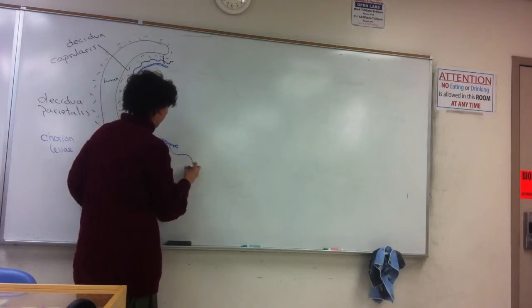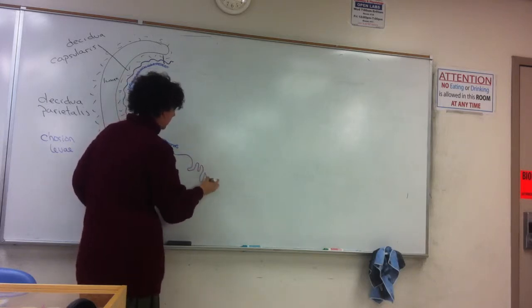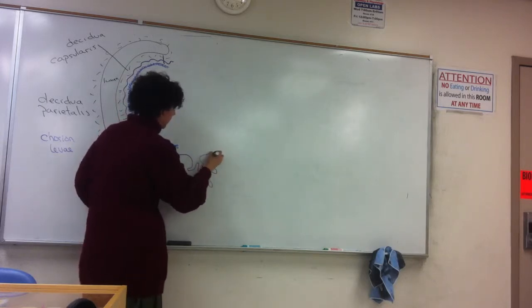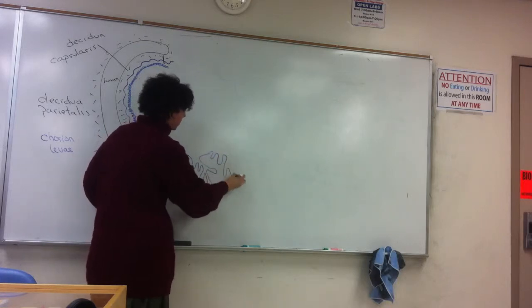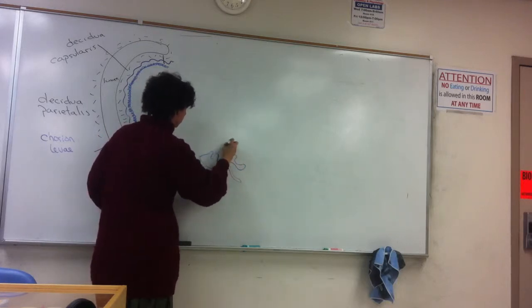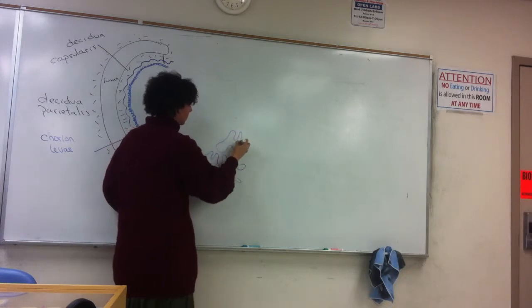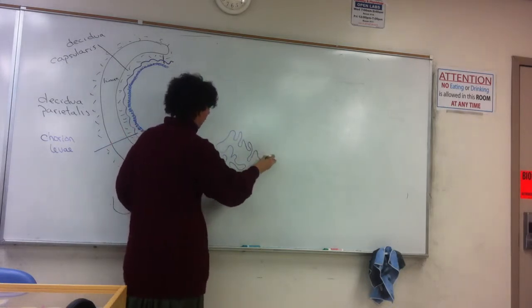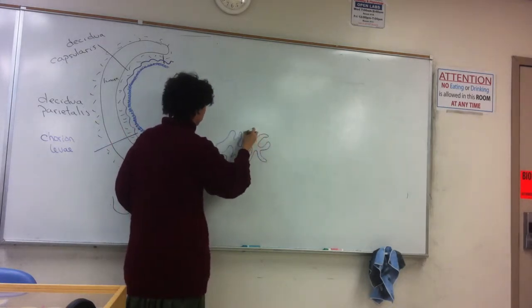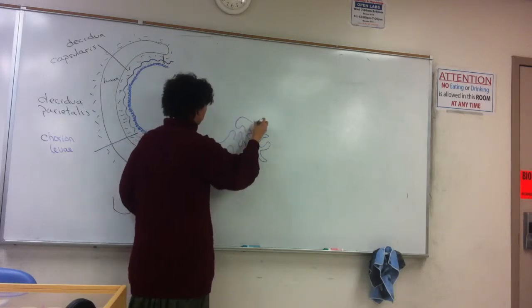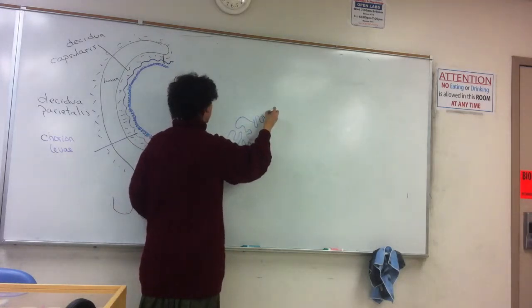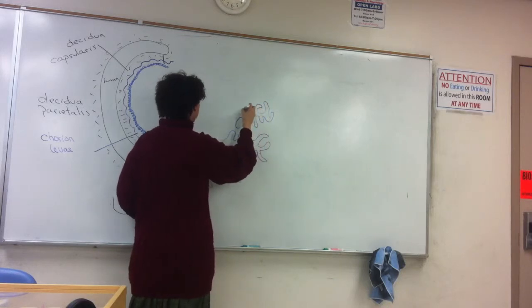And then we have, associated with our decidua basalis, highly branched chorionic villi. What I'm drawing is these branches are actually microscopic.